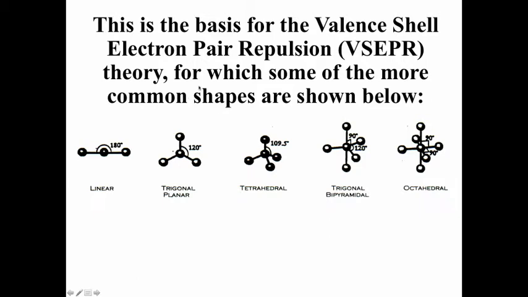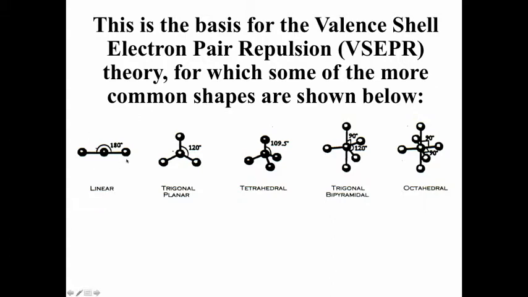So this is the basis for our new improved theory, which is called the valence shell electron pair repulsion theory, VSEPR for short. Some people call it VSEPR theory. And here are the most common names and shapes shown here.